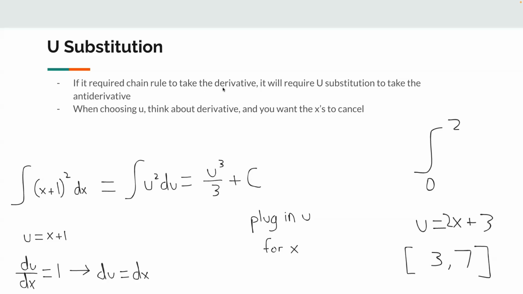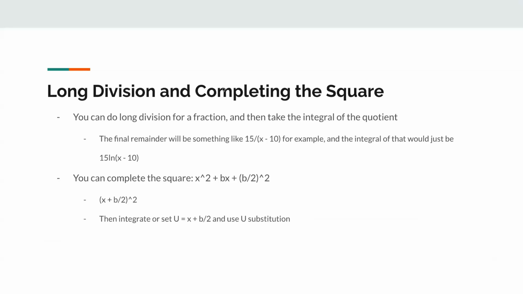For example, x is from 0 to 2 here. We'll plug in x equal to 0, so the starting limit for u is 3, and the ending limit for u is 7. Then we keep the u's, we will not convert to x, and we'll find the integral of that u function from 3 to 7. Or we can just convert them all back to x's. It doesn't matter. It'll give the same answer in the end.